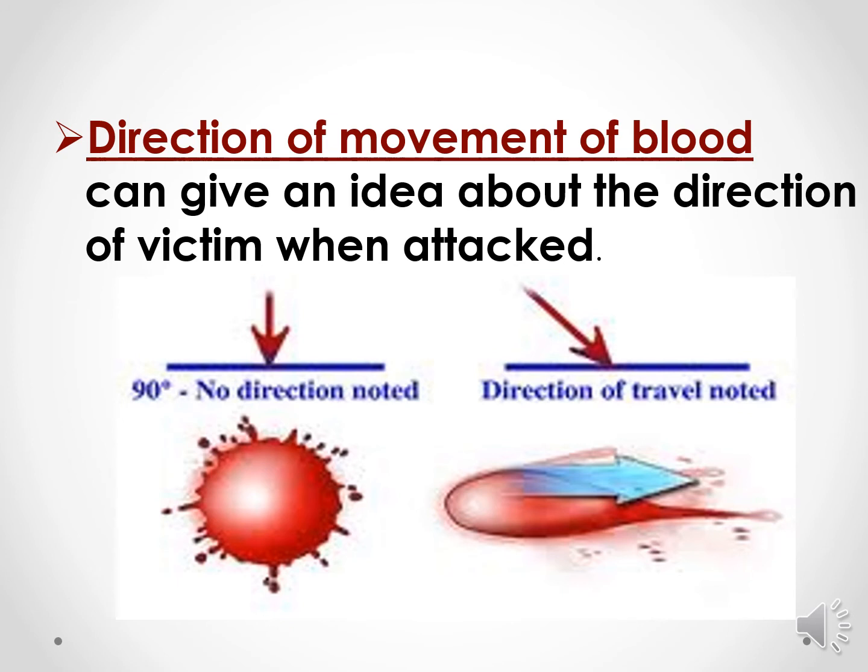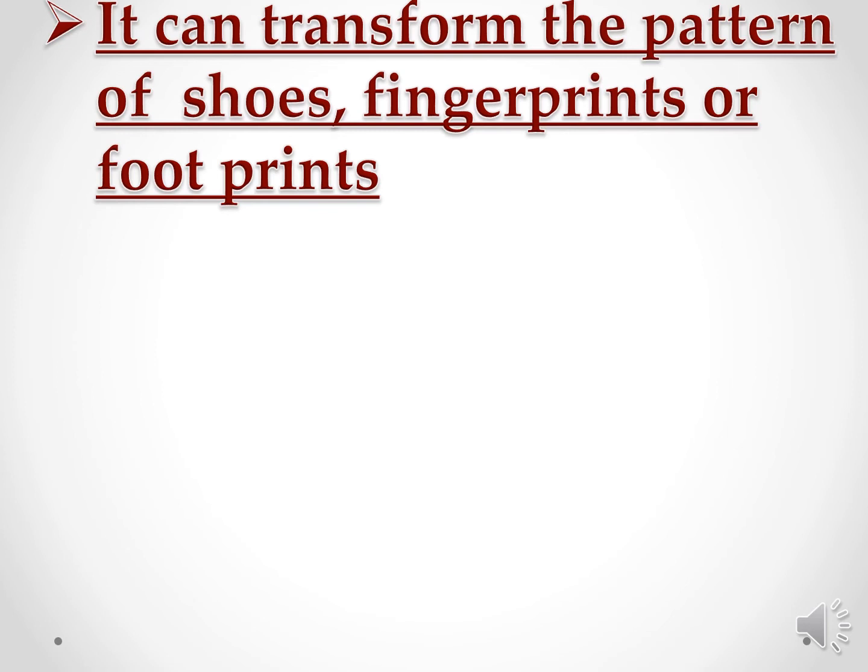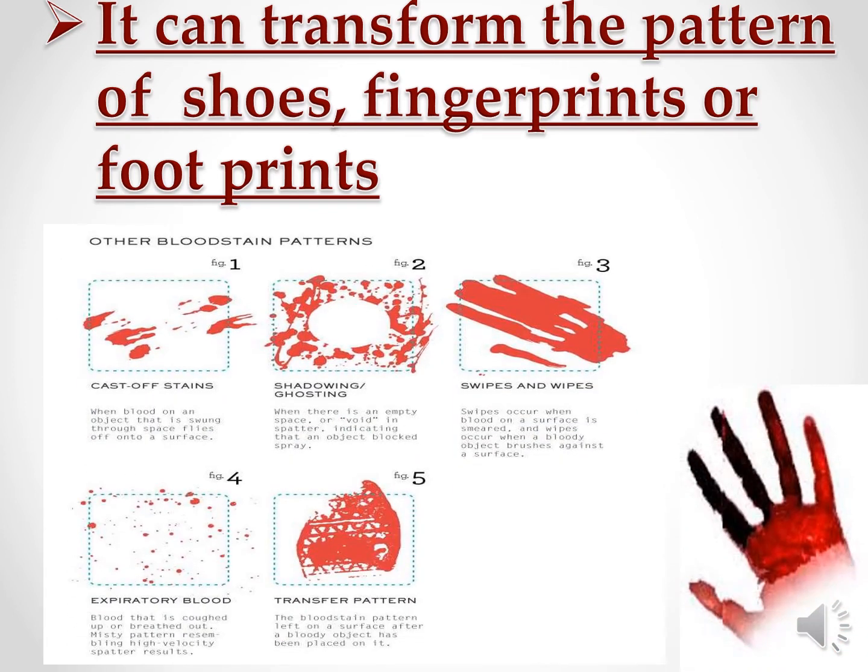This direction of travel noted, I will know the direction of the victim when attacked. As this arrow will give an idea about the direction. Also, it can transfer a pattern of shoes, fingerprints, or footprints, as in all these pictures.